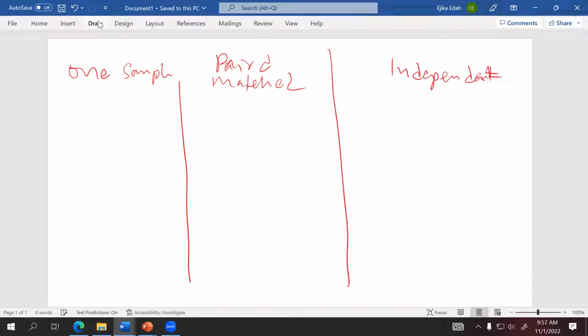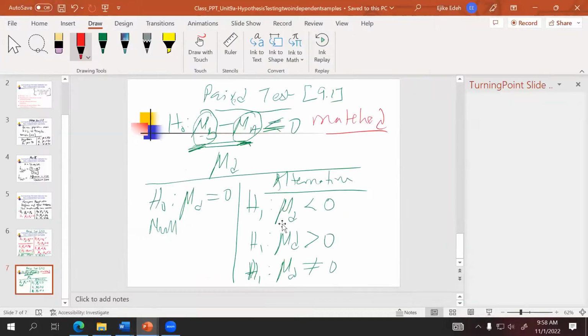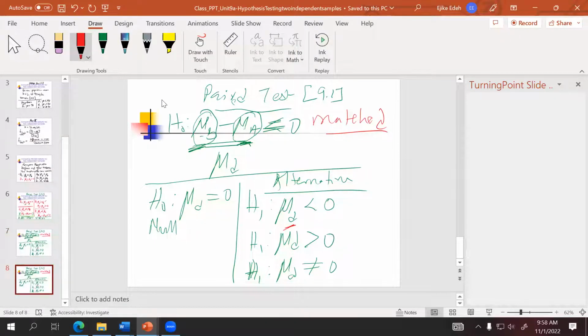Over here, we saw that the test statistics was given as the sample mean minus the population mean divided by the standard error, which is this. So in this instance, we are going to be using this to make our representation in the test statistics.